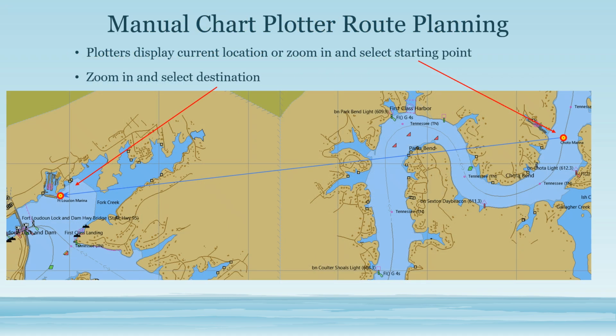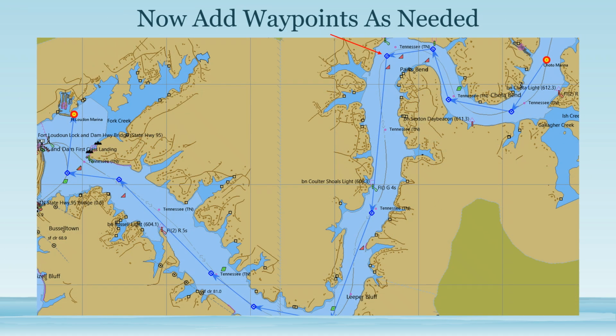Routes are typically prepared by zooming in and carefully placing the starting and ending points. Next, you add other waypoints so your route avoids obstructions like shallow water, indicated by the darker blue on this chart.